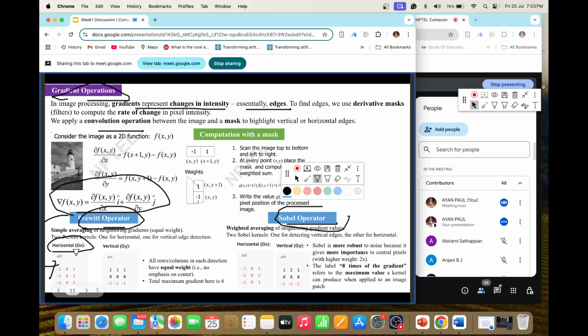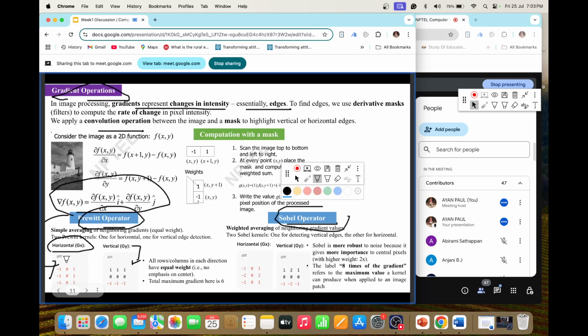This is the horizontal mask for the Prewitt operator, and this is the vertical mask for the Prewitt operator. Similarly, this is the horizontal mask for the Sobel operator, and this is the vertical mask for the Sobel operator. The difference between the Prewitt and Sobel operator is the value of the mask.